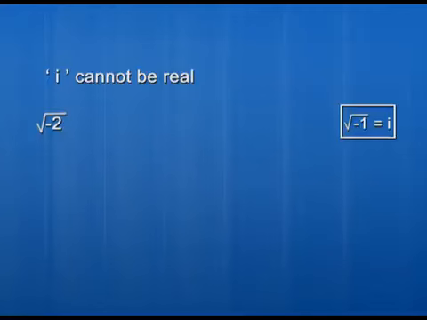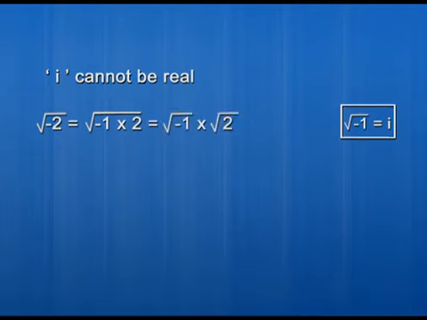Now let's see, I said that i is the value of square root of -1. Then you can think, what will be the value of square root of -2 and square root of -3 and so on? Just have a look. Square root of -2 can be written as square root of the product of -1 with 2, which can further be written as the product of square root of -1 with square root of 2.